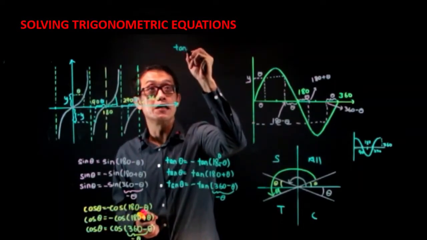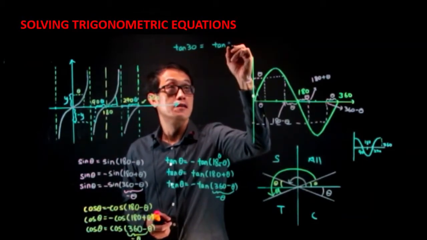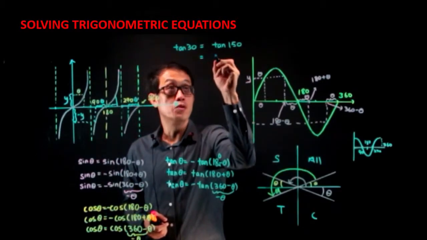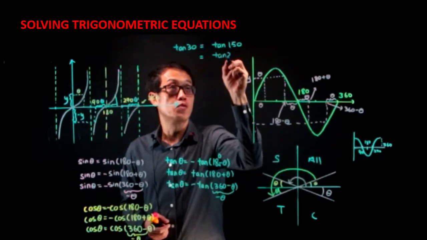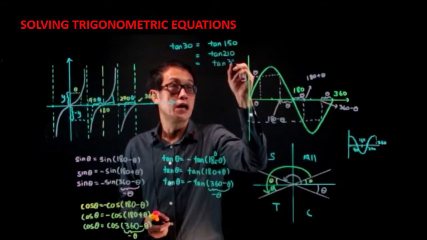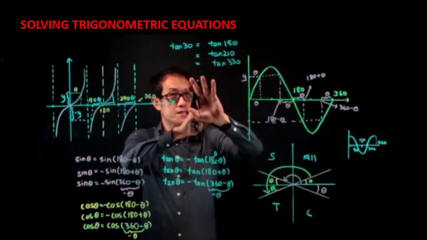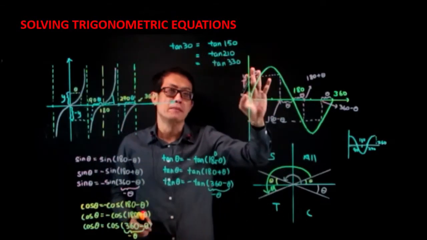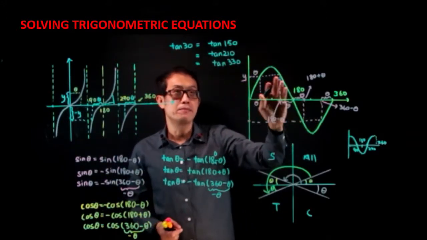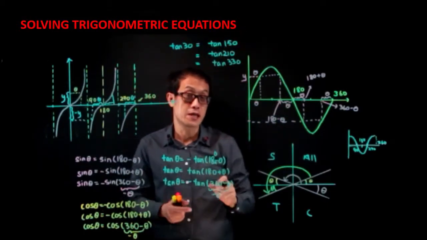That means tangent 30 will be equal to tangent 150, will be equal to tangent 210, will be equal to tangent 330. Numerically, the magnitude of the number is the same. The question is whether it is a plus or a minus, because all angles that have the same basic angle will give you the same numerical value, but the sign may not be the same.